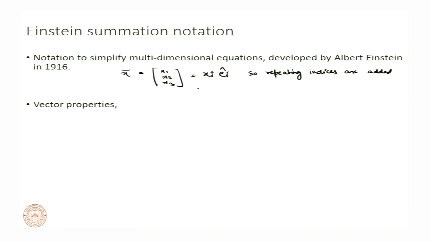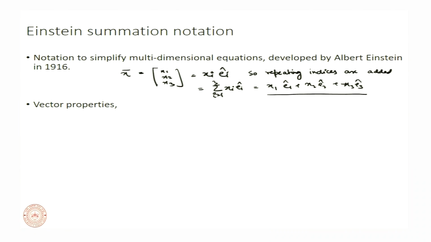So xi ei will therefore be equal to the summation over i from 1 to 3 of xi ei, where ei is a unit vector along the 1, 2 and 3 directions. So that is x1 e1 plus x2 e2 plus x3 e3. That is the basis of the summation notation. So we can very simply write this big vector equation as a smaller equation with just two terms. That is the beauty of the Einstein summation notation.